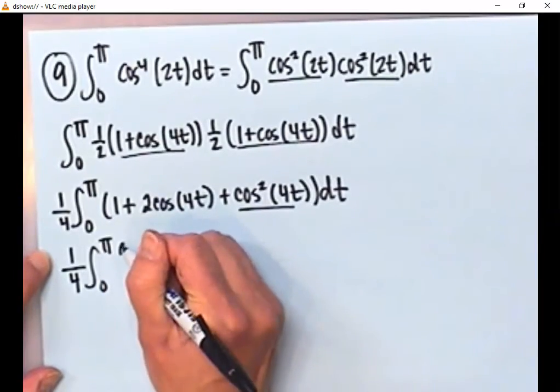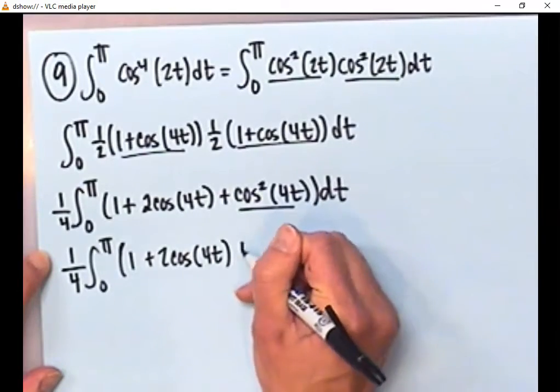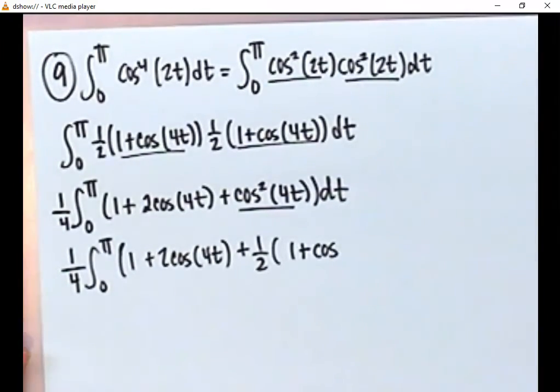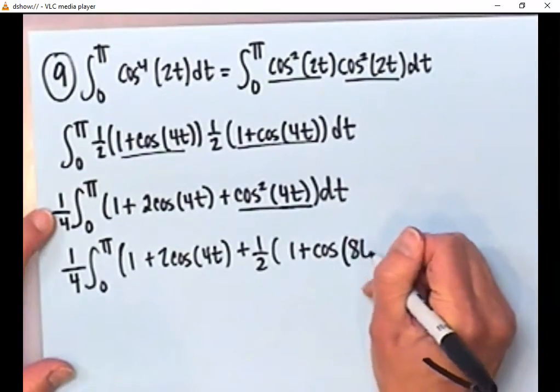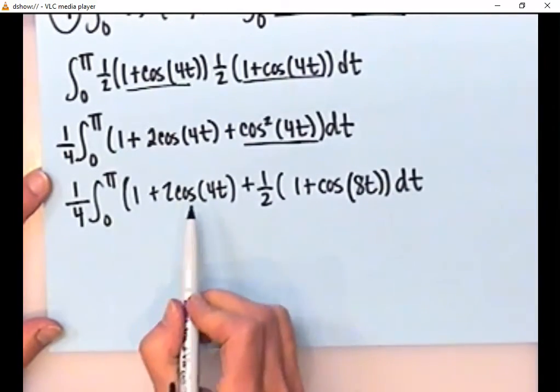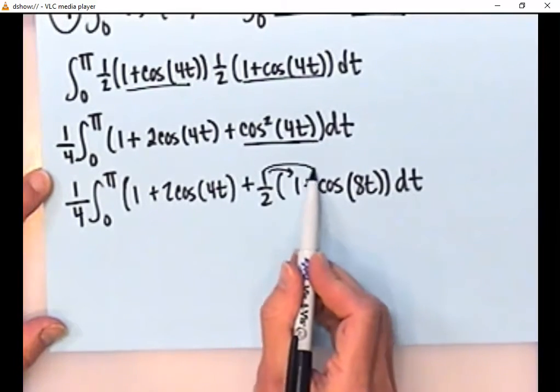So now this time it'll be 1 plus 2 cosine 4t, and that will become 1/2 1 plus cosine of how many t now? 8t. So now I should be able to integrate all these pieces. You probably want to distribute this 1/2 through.